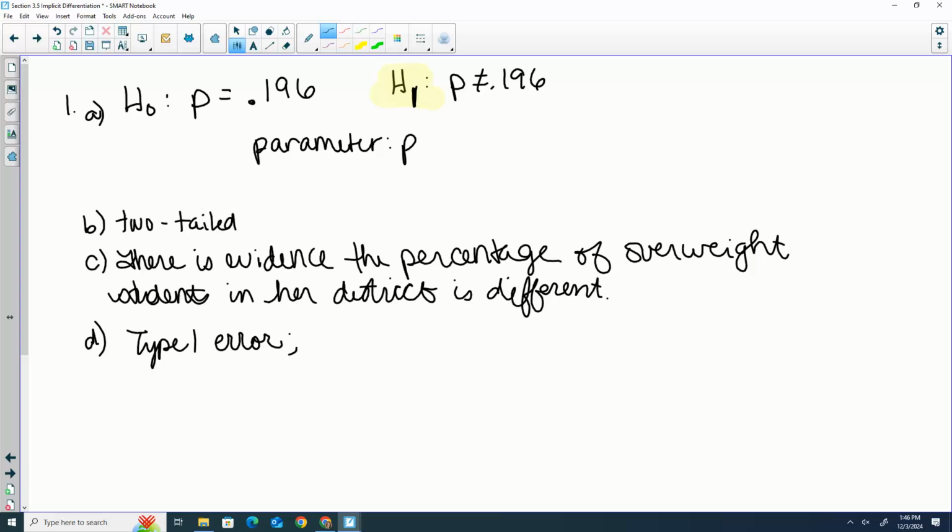Okay, and it's an error because we made a mistake. We rejected the null, but we should not. Give an example of the other type. So, what would type 2 error be?